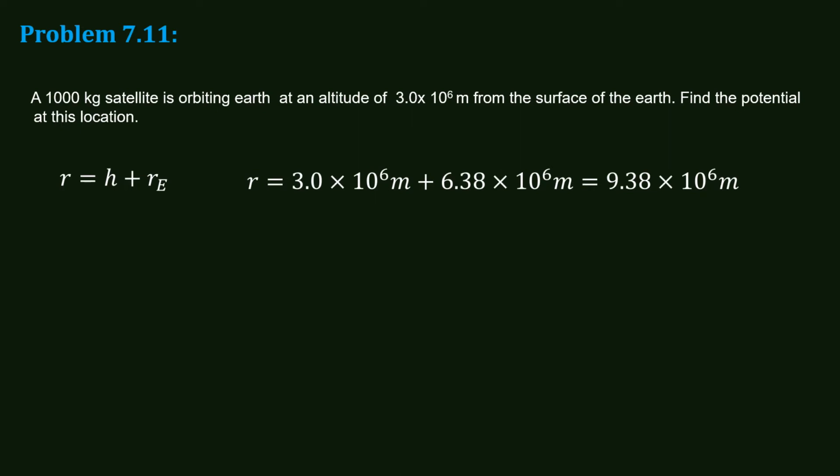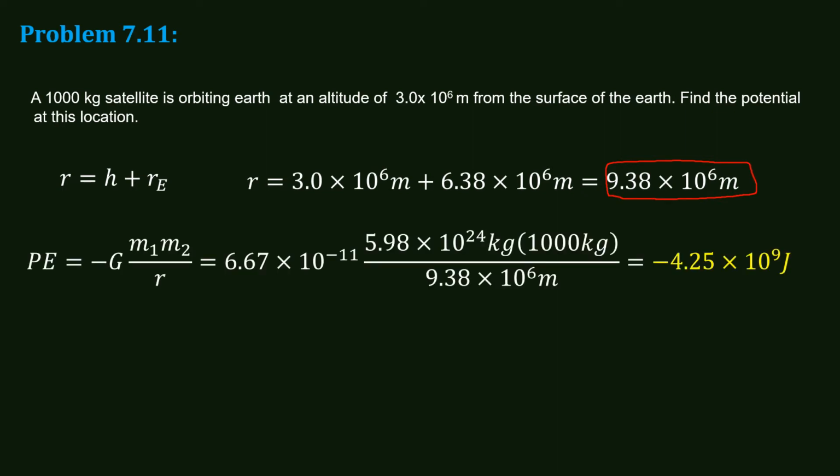Plug those in so we can find what our R is. And now that we have that, we can plug everything else in: the mass of the Earth, the satellite, and the 9.38 times 10 to the 6 meters. And we get a potential energy of 4.25 times 10 to the 9th. Now, this would be correct whether you have a negative sign here or plus.